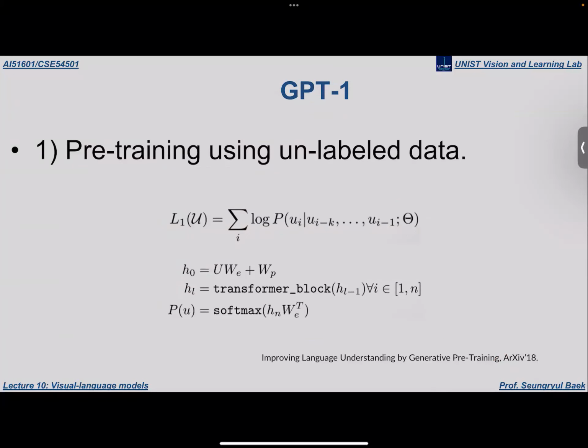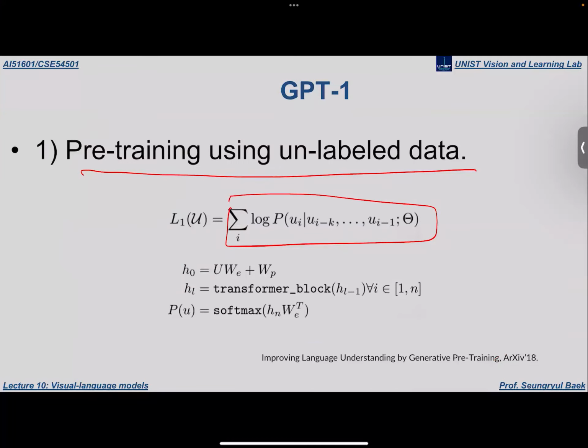So the first thing they did was pre-training the transformer architecture on unlabeled data. What they did is this: given the other words in the sentence, they estimate the future word. This is a kind of self-supervised task.